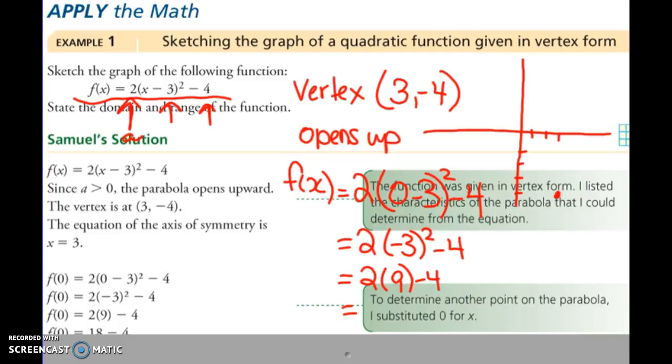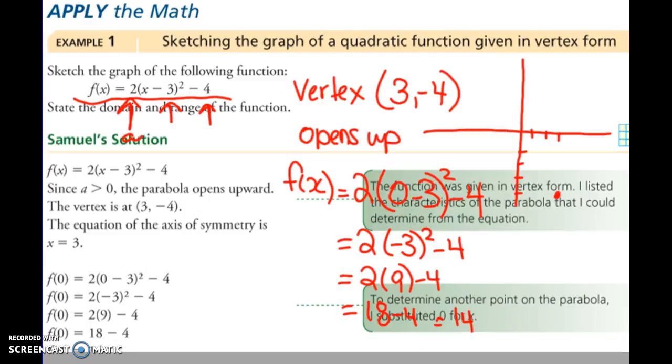Subtract 4 is 14. So our other point is 14, our y-intercept will be 14.